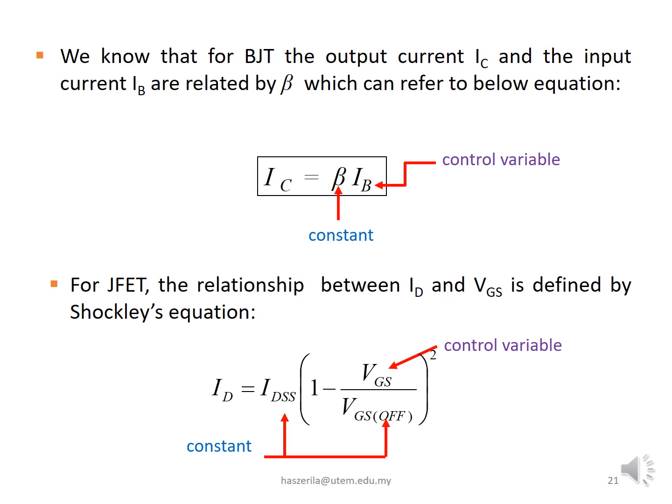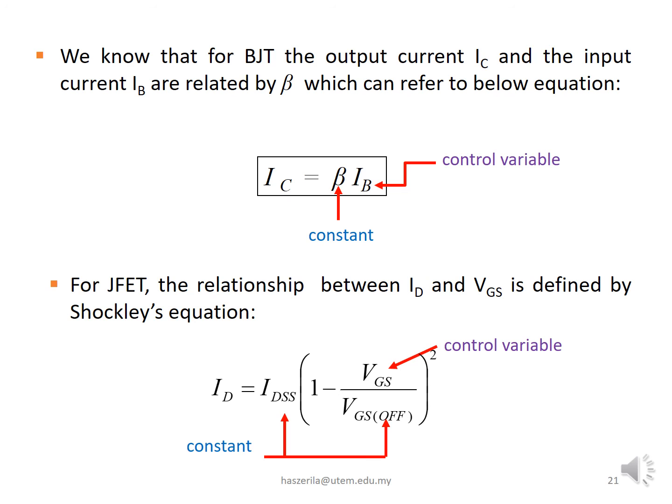We know that for a BJT, the output current IC and the input current IB are related by beta, which can be referred to in the equation below: IC equals beta IB, where the value of beta is constant and the base current IB becomes the control variable.